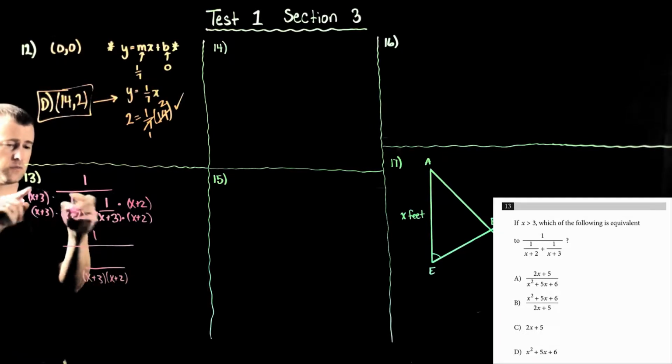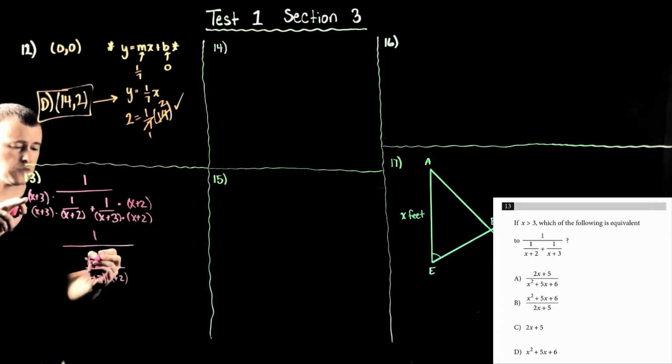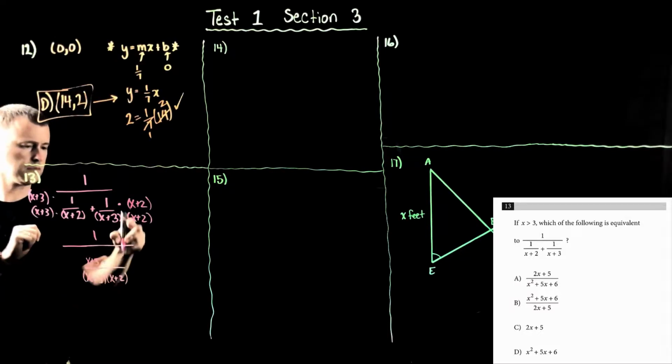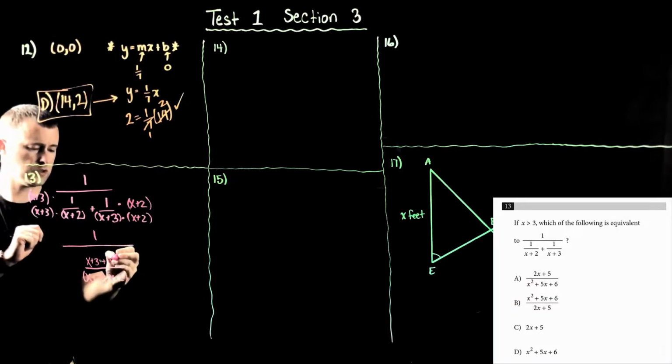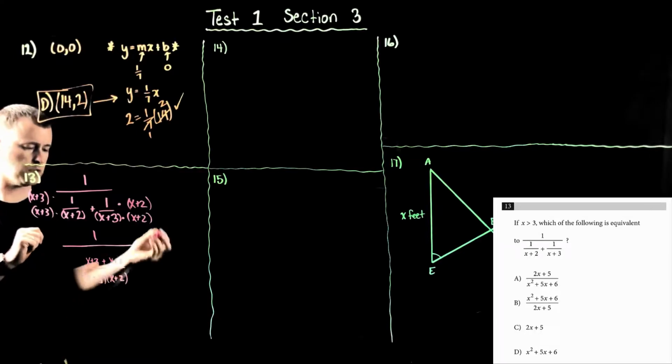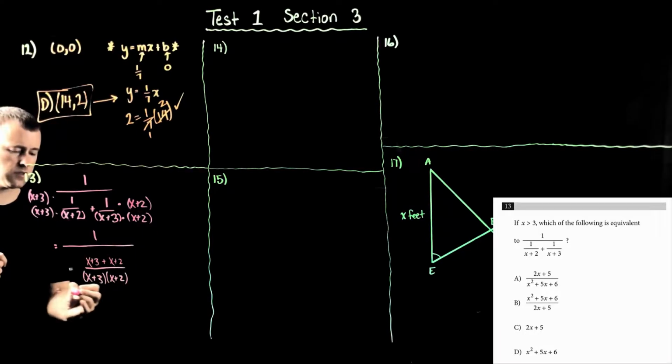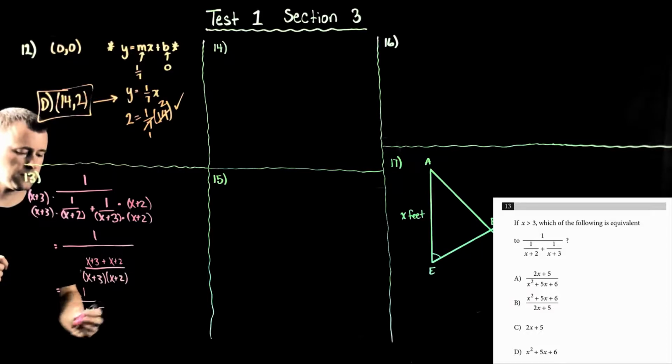The first terms in this fraction are going to be the 1 times x plus 3, which is x plus 3. And then I have plus, and this is 1 times x plus 2, so x plus 2. So you take all this, and what we're going to do with it is just leave it as 1 over. Now we have 2x plus 5.